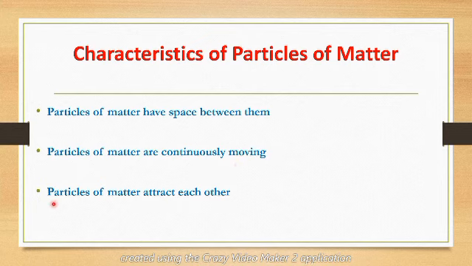And third characteristic is particles of matter attract each other. There is an attraction between the particles of matter. This is the third characteristic. We will learn these characteristics in detail with the help of some simple activities. So let's start.